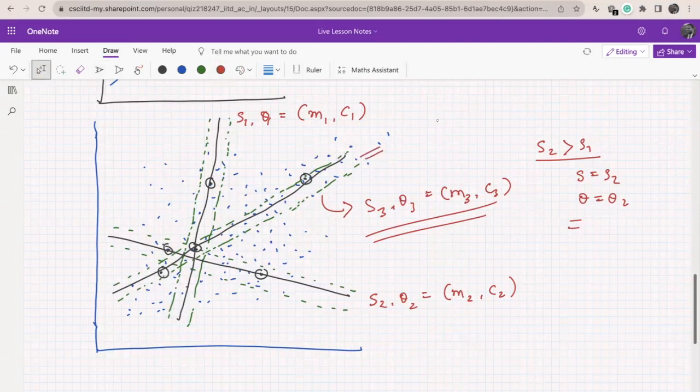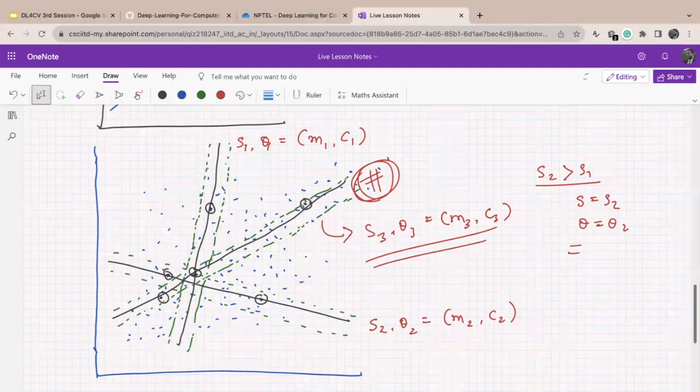So for the time being, we can put this as our best line that we have got, and this line should lie on the correspondences between those two images.